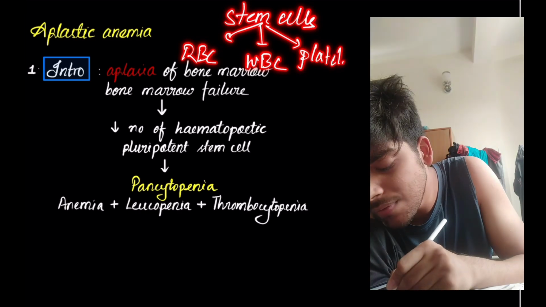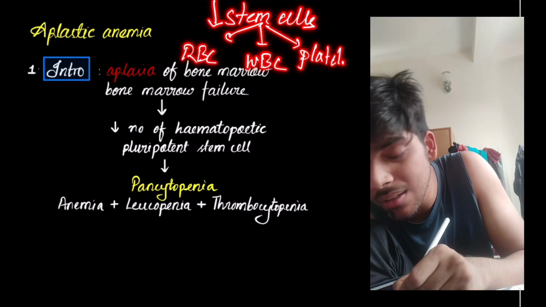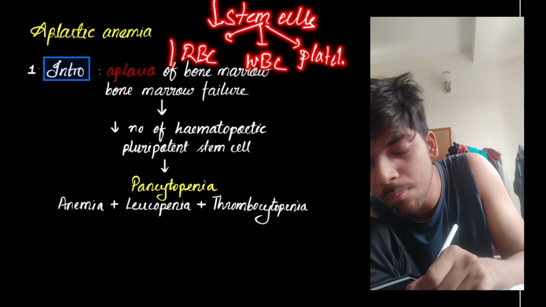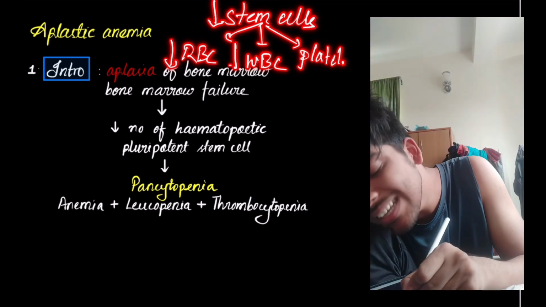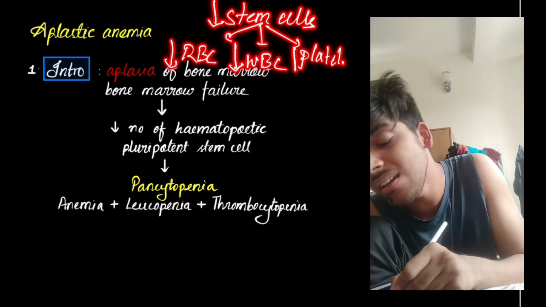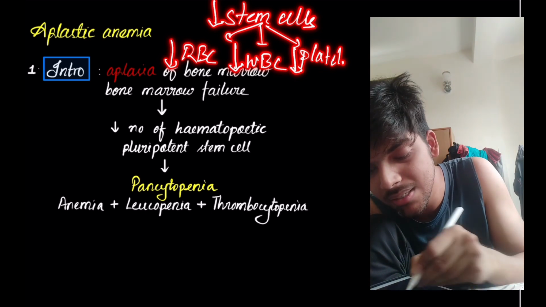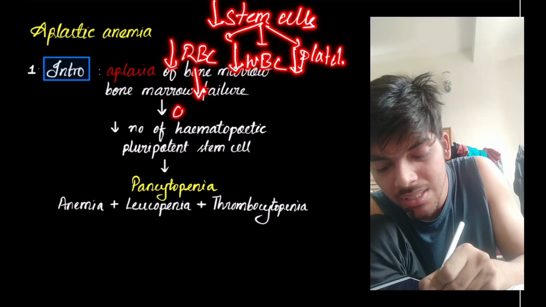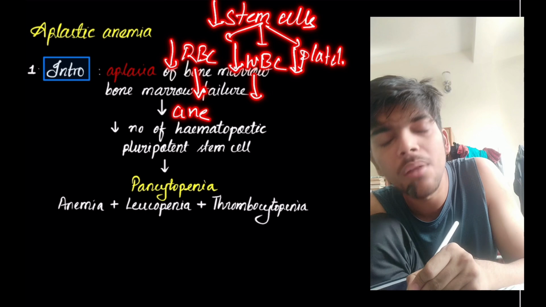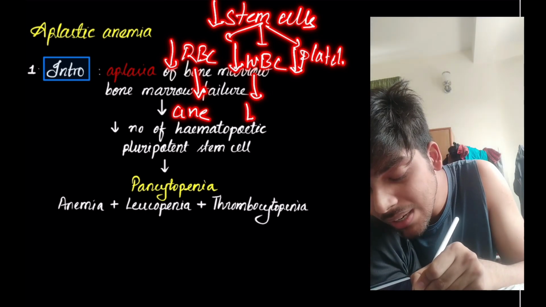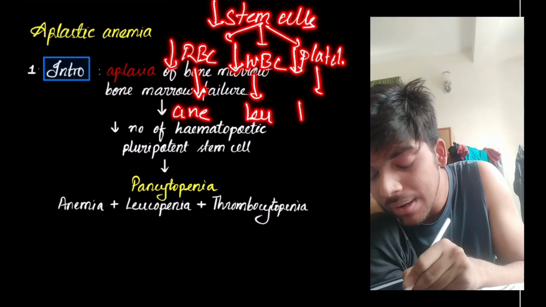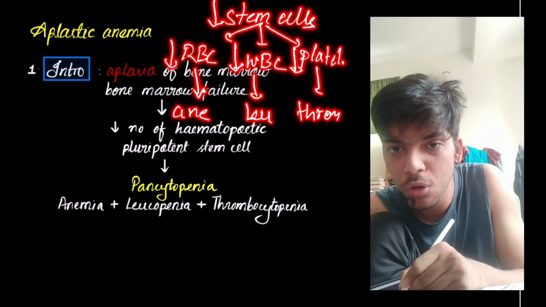Right? So if there is a decrease in the number of stem cells itself, there is a decrease in the number of red blood cells, white blood cells, and platelets. Decrease in red blood cells leads to anemia, decrease in white blood cells leads to leukopenia, and decrease in platelets leads to thrombocytopenia.